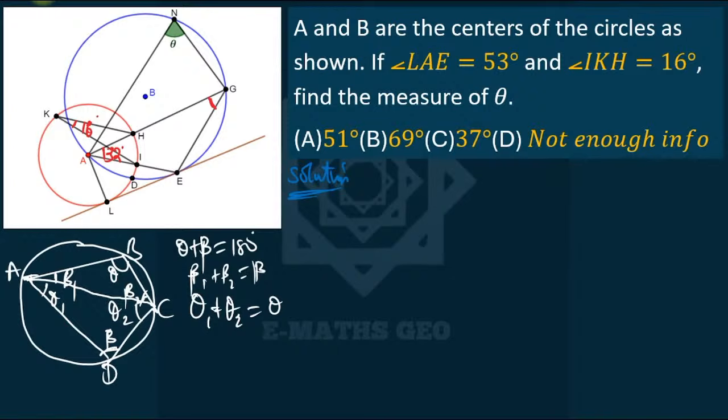And for us to get this, we need this, by alternate segment theorem. And we are also given that this angle is 53. So this angle is 53. So this angle L will be 90. Yes. But this is a tangent line. The radius is always perpendicular to the tangent line.